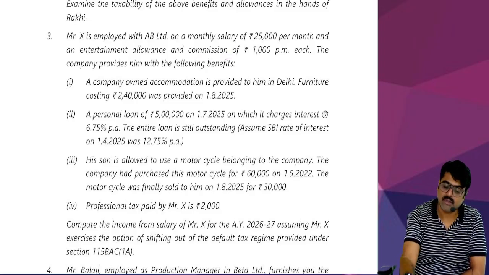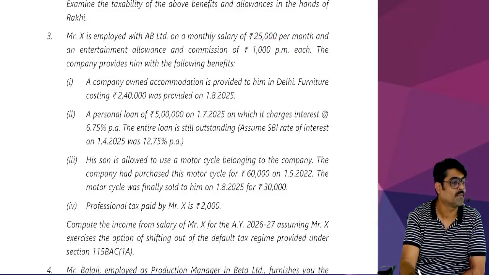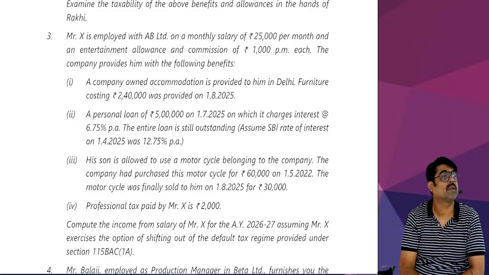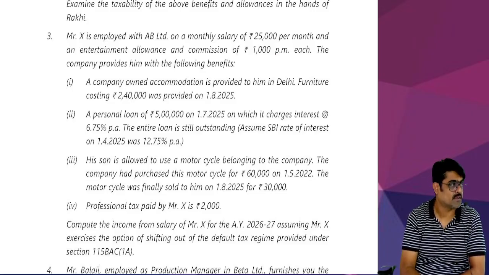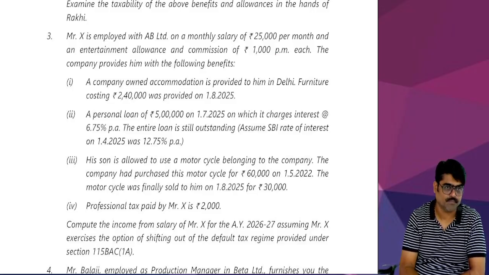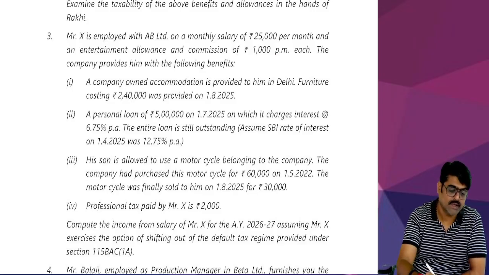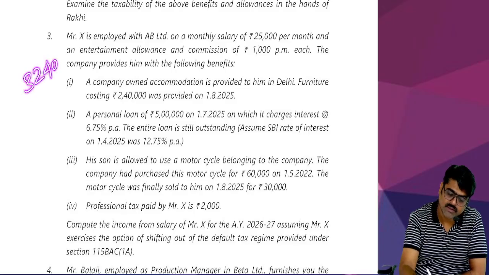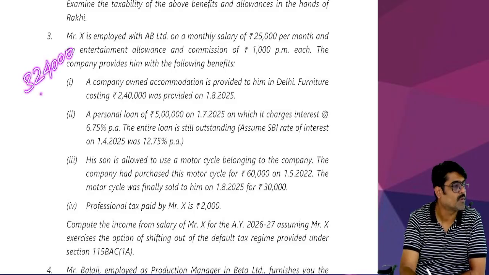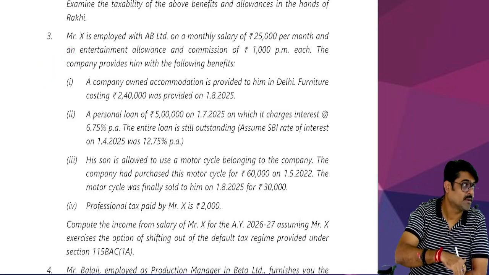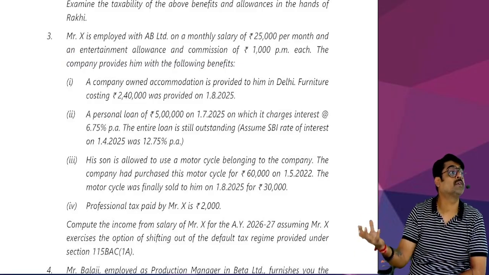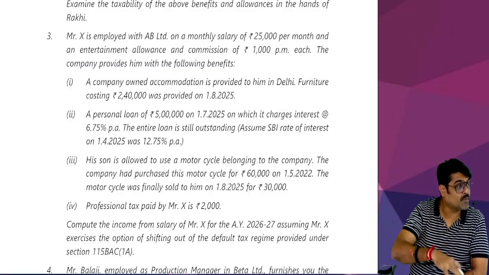So how much is your monthly salary? 25,000 plus 1,000 entertainment allowance plus 1,000 commission. So 27,000 into 12, 3,24,000. Can I say this 3,24,000 is your salary which is becoming due in this year? Due in this year, and the accommodation is also occupied for the full year.